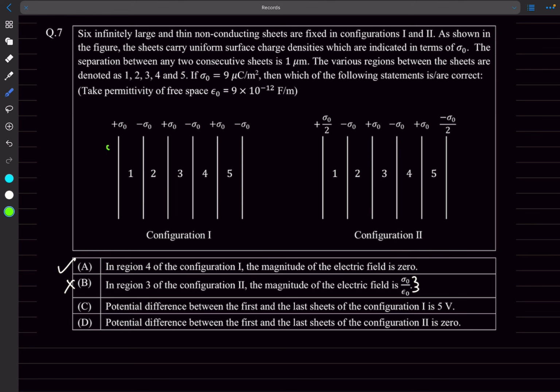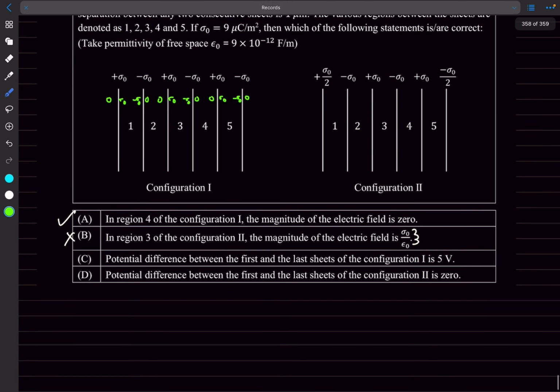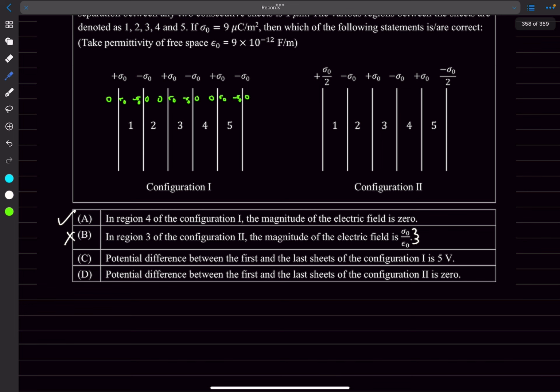So if I say this is 0, sigma naught, this is negative sigma naught, 0, 0, sigma naught, minus sigma naught, here once again 0, 0, plus sigma naught, negative sigma naught, and 0. If I assume this, it wouldn't make any difference because once again, if you consider the entire plate, its electric field will still be sigma naught by 2 epsilon naught to the right at any point to the right. So of course this makes the calculation easier.